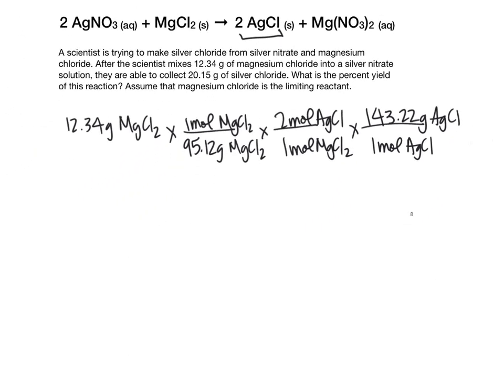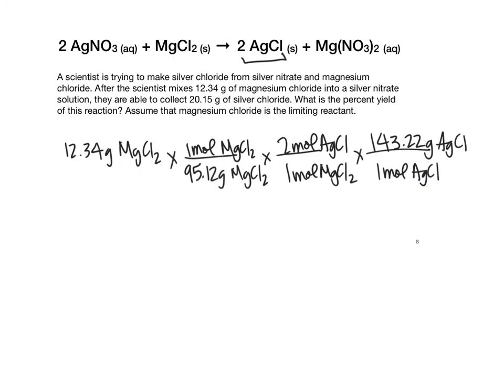So when we plug this into our calculator, we get 37.15 grams of silver chloride. So they should have gotten 37.15, but they only got 20.15.